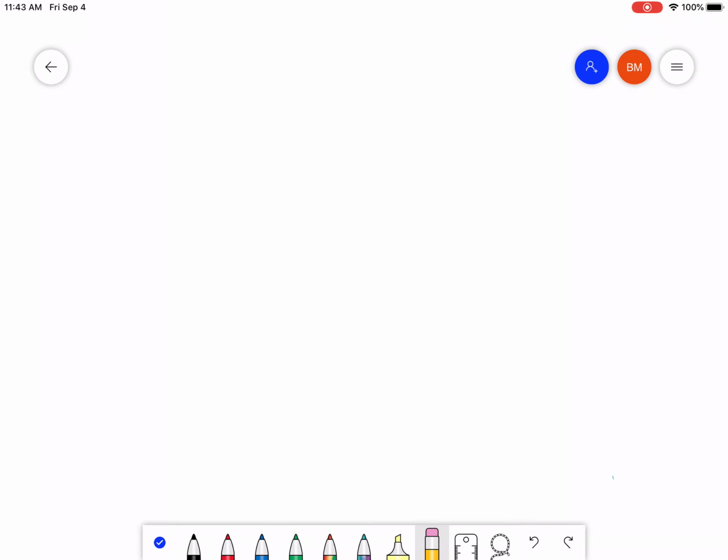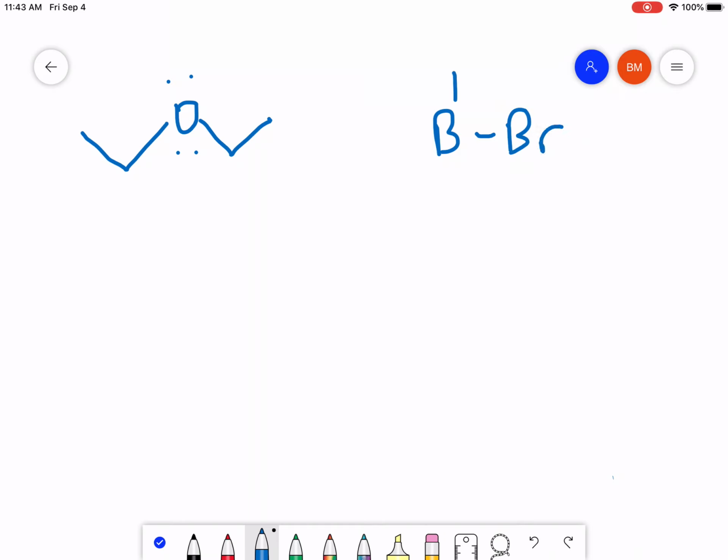Let's say we have this. All right, so this on the left is actually called diethyl ether. It's the one with the oxygen.